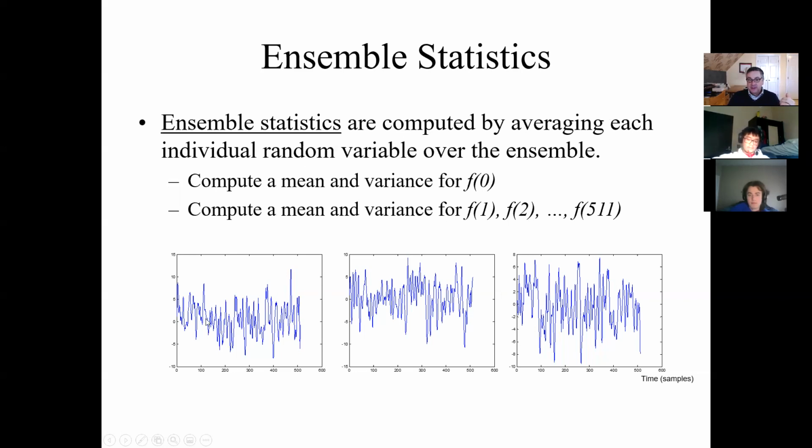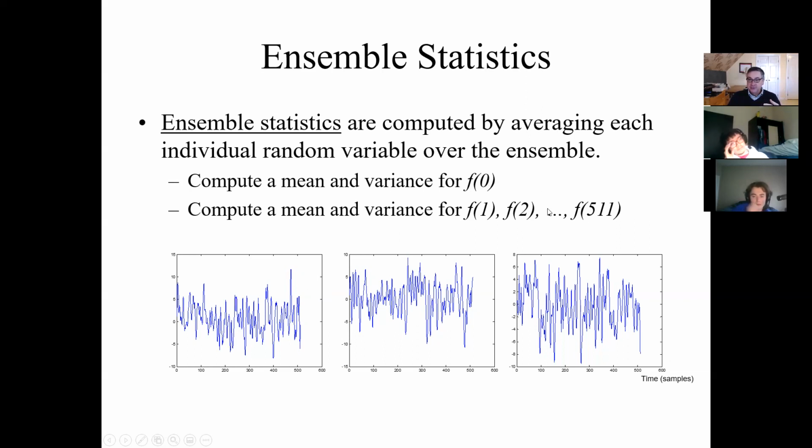So instead of going across time here, we're going to take time 0 in every single example that we've measured and average all of those together and get a mean value for f at 0, and then same for f at 1 and 2 and all the way out, in this case, to 511.